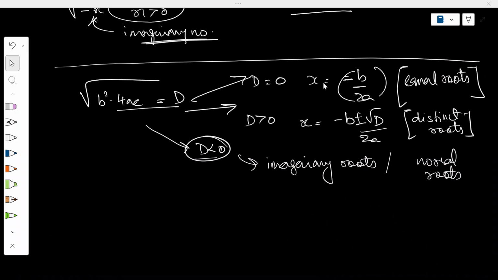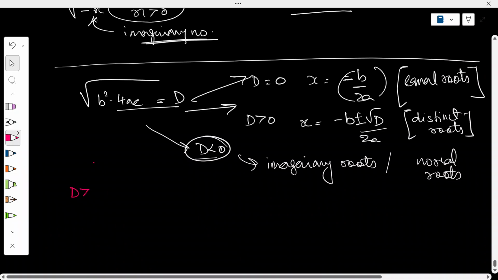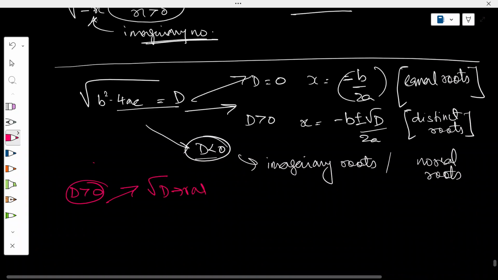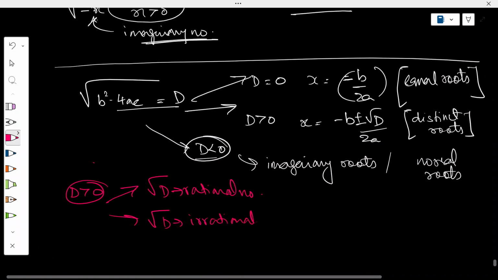Also, when D is positive, we have two cases: under root D is a rational number, or under root D is an irrational number. So based upon these cases, we have four cases in totality.